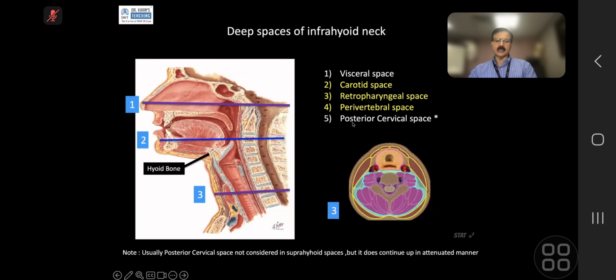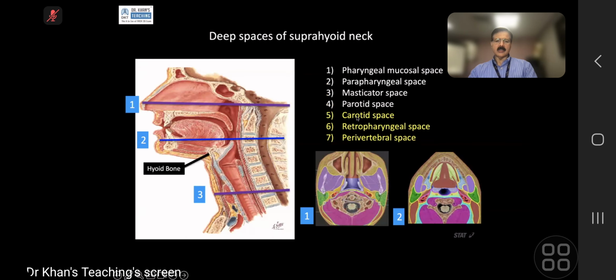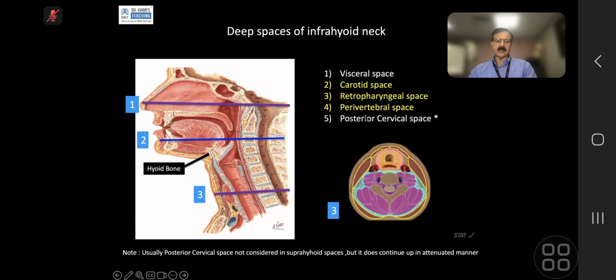It is quite unique. And there is a posterior cervical space, which is this one here. It goes all the way till the clavicle. But these 3 spaces, carotid space, retropharyngeal space, perivertebral space, they are continuous. So please remember, they were upstairs in suprahyoid neck and they are here.